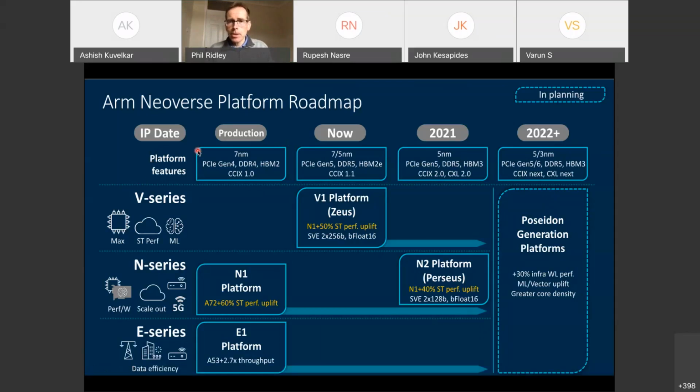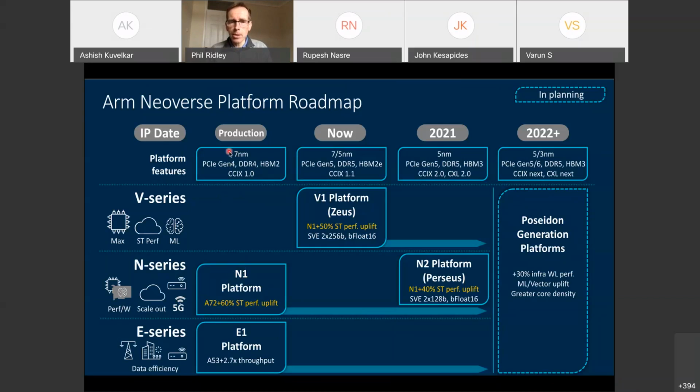It's shifted a bit, because you'll see that I've got the V1 platform, which isn't available at the moment. So we're currently on the N1 platform, the Neoverse N1, and this was based on the Cortex A72 plus a bit more performance and extra features.